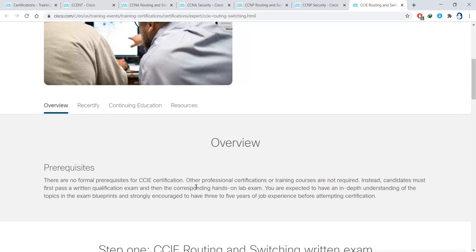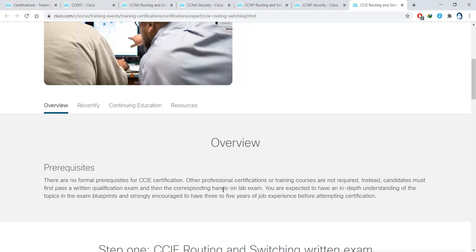Instead, a candidate must first pass a written qualification exam and then the corresponding hands-on lab exam. So basically it is not having prerequisites, but you have to pass the written exam first to qualify for the lab exam, and you can do it only when you have the knowledge of the level of CCNP. Otherwise you will not be able to do this.